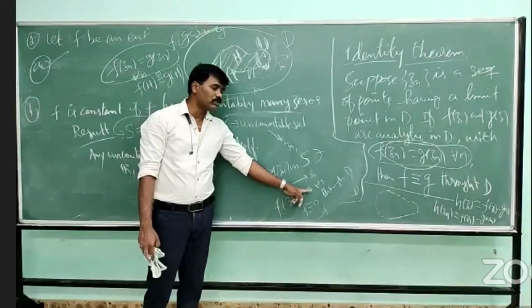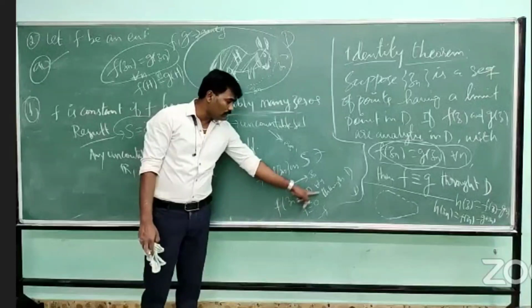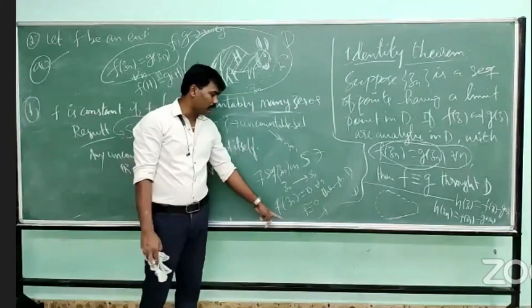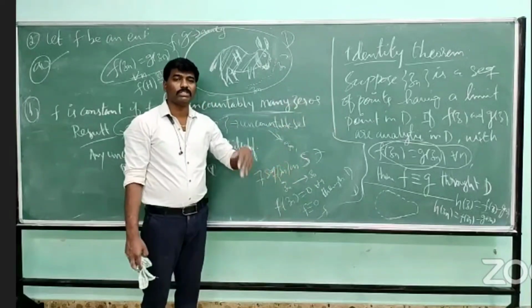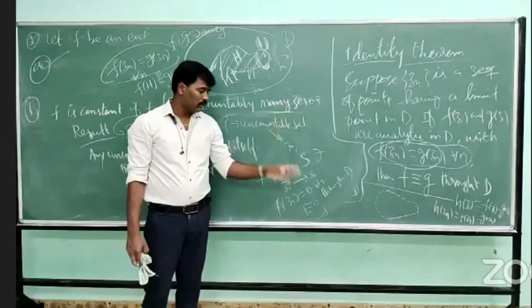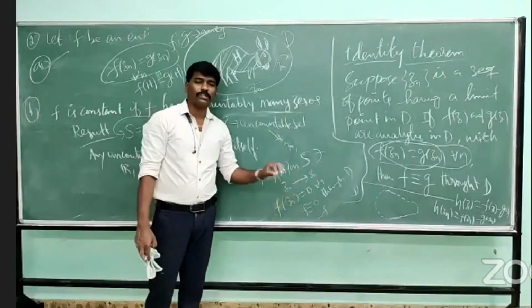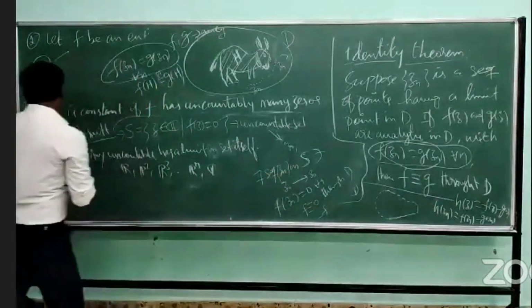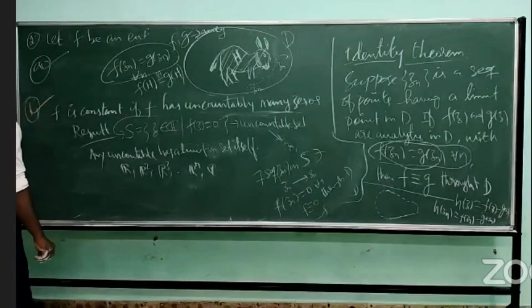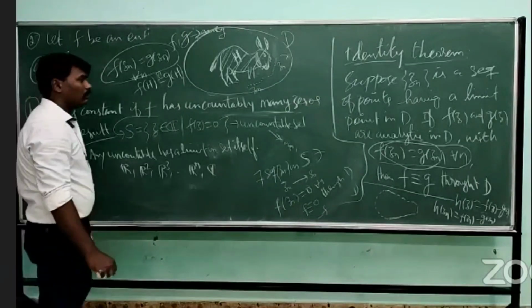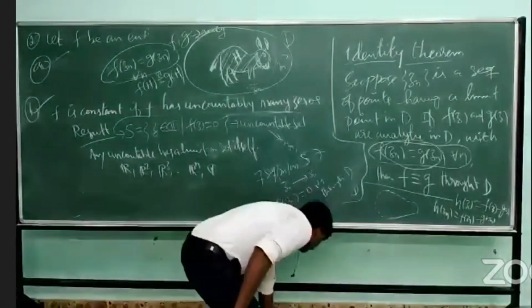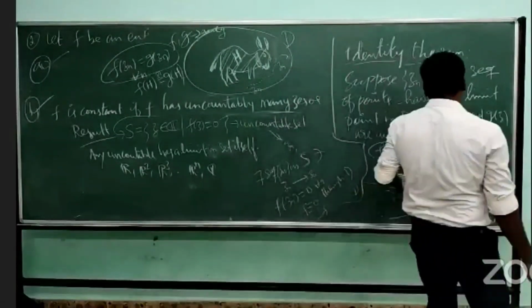By the uniqueness theorem, f is 0 throughout D, which implies that f is constant. A zero function is a constant. Therefore, option B is correct. I think now you got the idea.